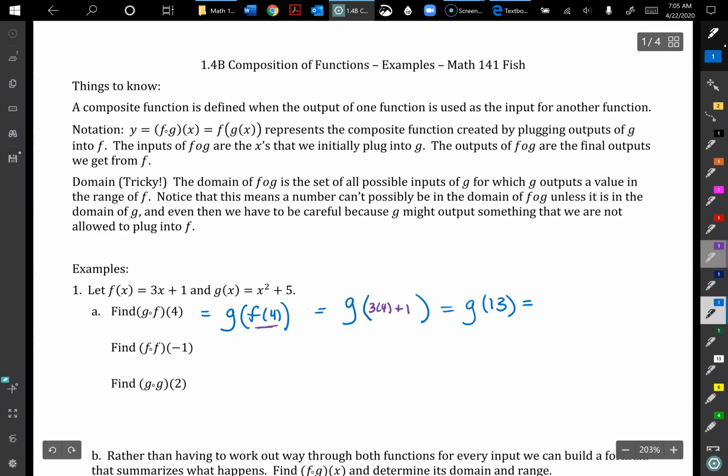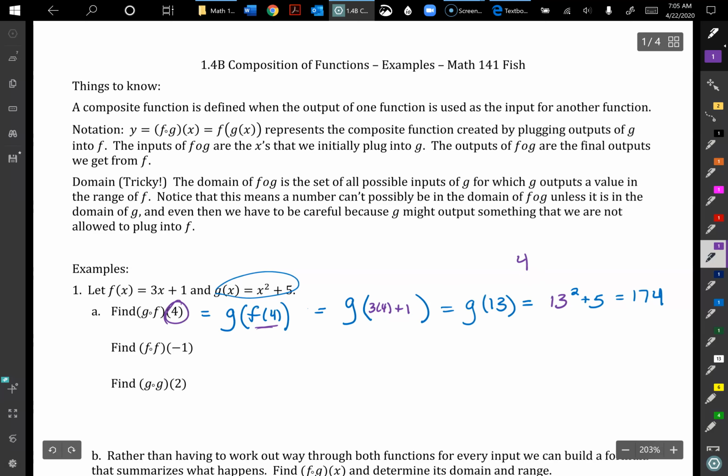And now we're going to plug that 13 in for x in the g function here. So 13 squared plus 5. And that will give us 174. So that's like having the point, 4 is what we started with right here.